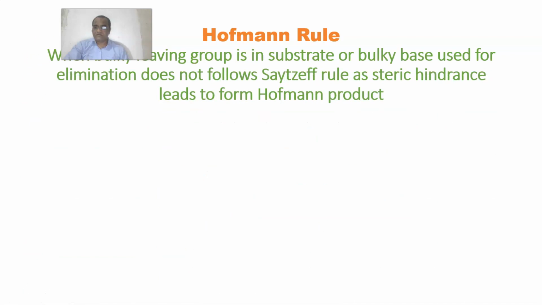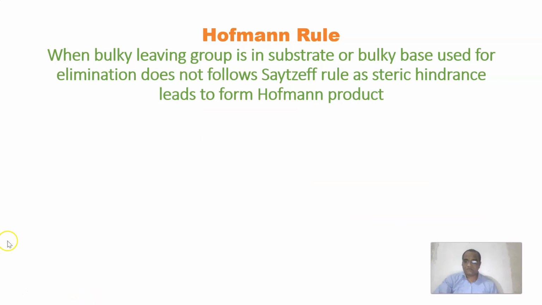Okay. Next thing is the Hofmann rule. The Hofmann rule refers to when there are bulky bases. When there are bulky bases, it does not follow Saytzeff's rule, because there is steric hindrance which leads to the formation of the Hofmann product.